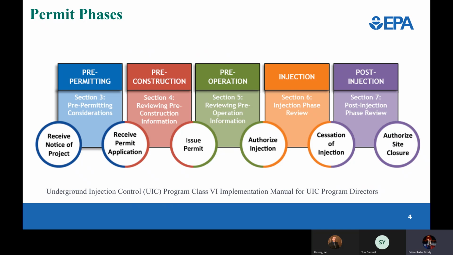Once a permit is issued, we enter the pre-operation phase, and we continue another round of reviews. Then an authorization to inject is given, and that leads into the injection phase. There's another phase of review, and that leads to the post-injection phase, which comes after the cessation of injection, and then we authorize a site closure.